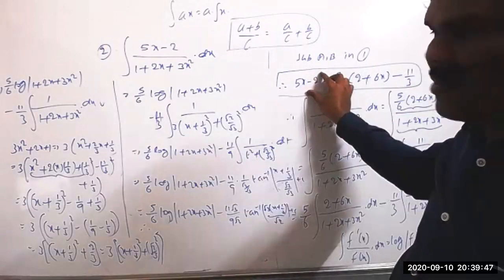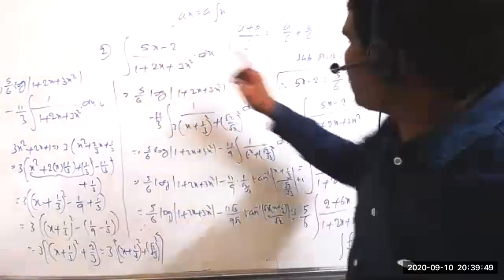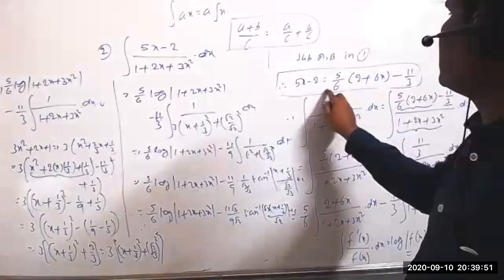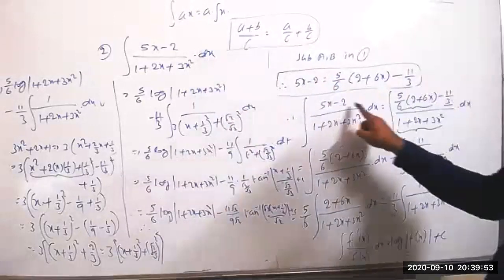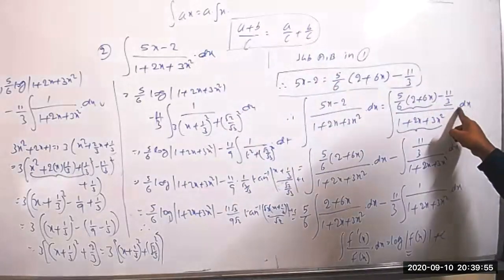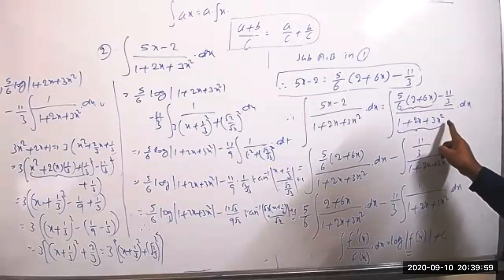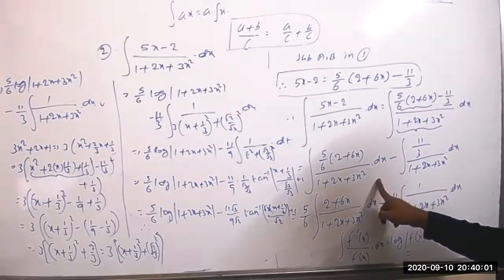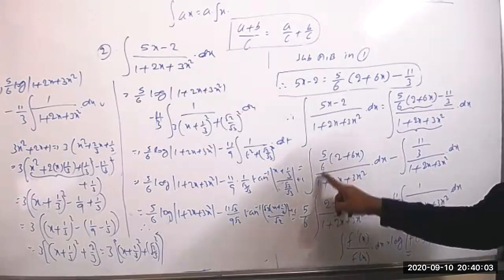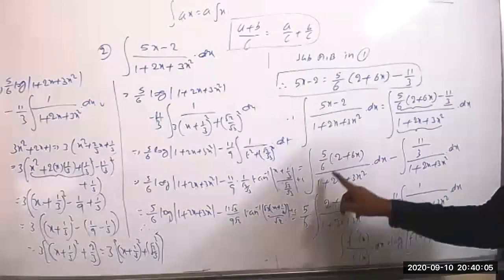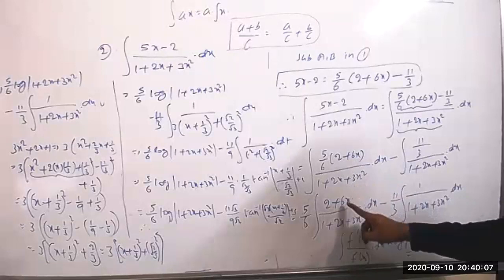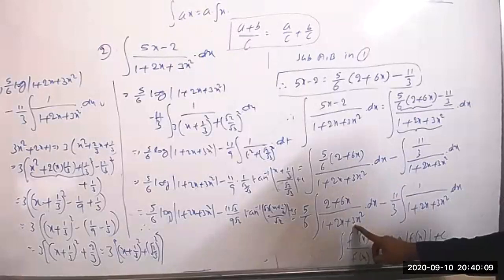We got this value. Then in place of 5x minus 2, you can substitute this entire value here. See, I wrote very clearly. Then A by B minus B by C we got. 5 by 6 is the constant value. So what about the remaining? 2 plus 6x by 1 plus 2x plus 3x square.